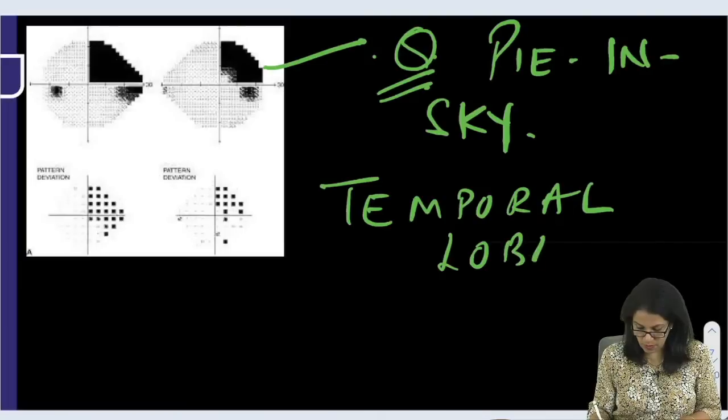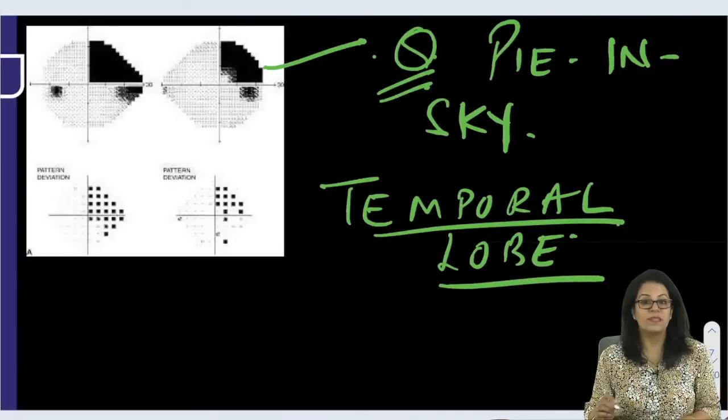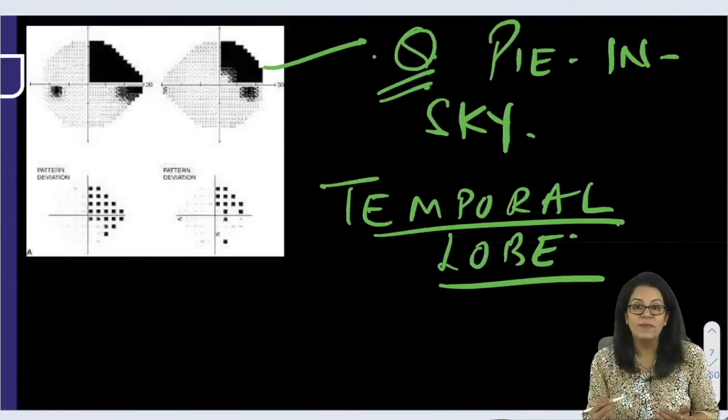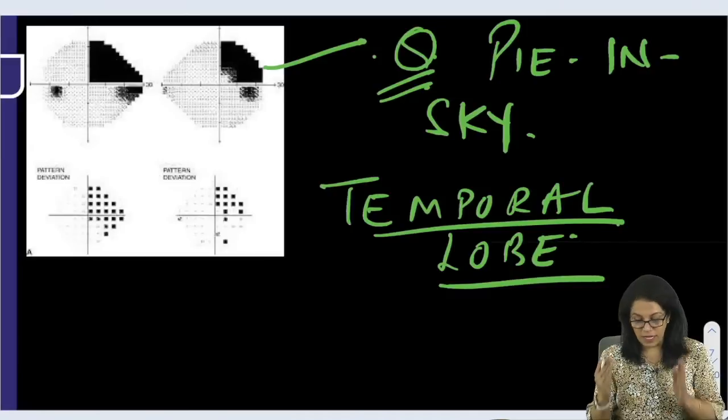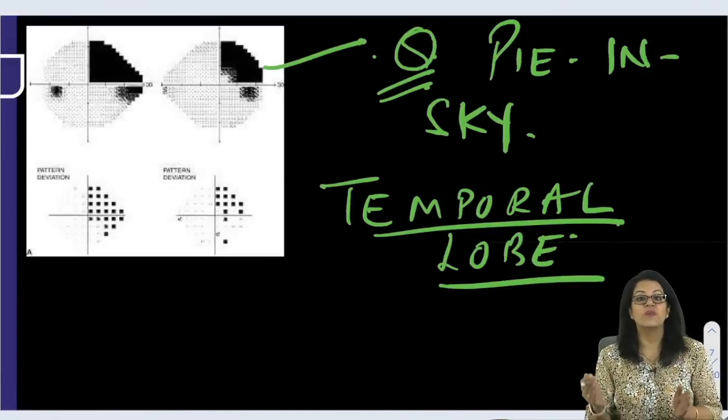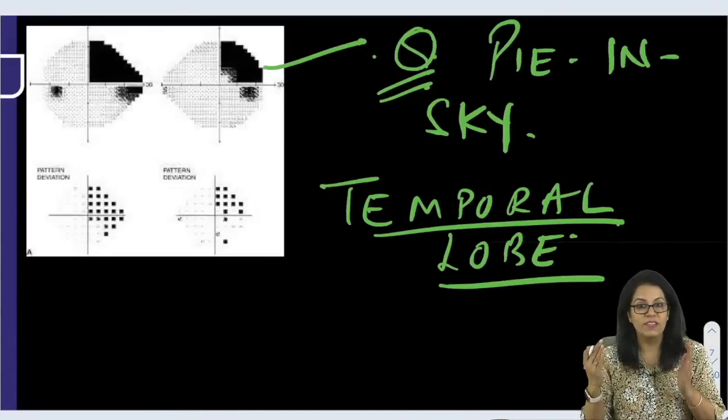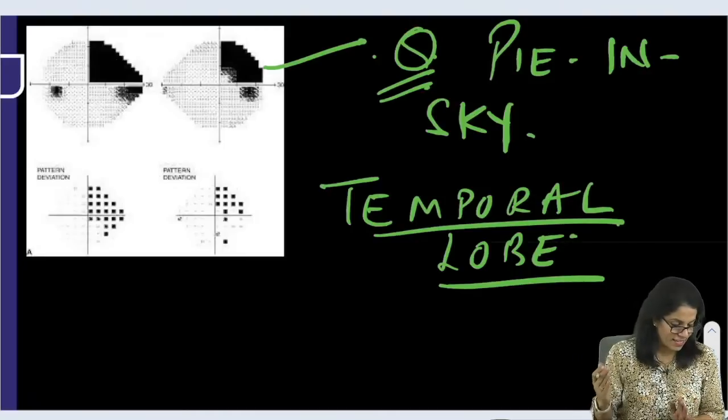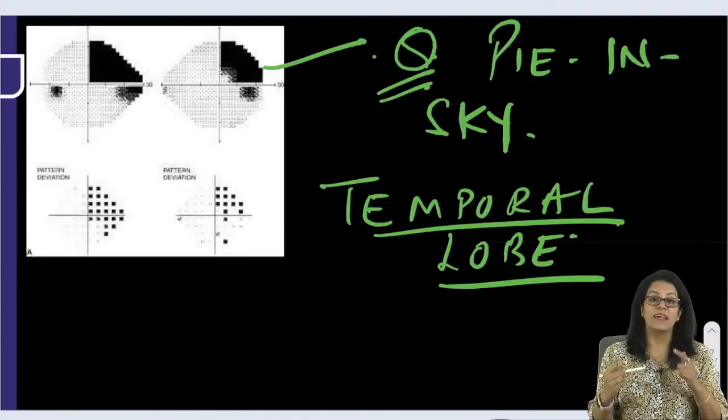So a temporal lobe lesion means the inferior fibers which are looping around, what do we call them? Meyer's loop. So when Meyer's loop gets affected, the inferior fibers are gone, so you get superior quadrantanopia, correct? All these points that I am discussing here have to be revised properly, important for the exams.